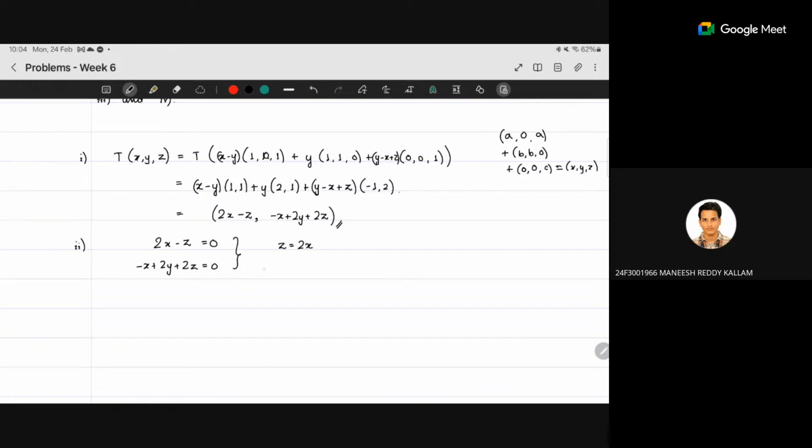And then you'll have minus x plus 2y plus 2z, which is 4x, is equal to 0, or y is equal to 3x by 2. These are all the conditions that you get for the kernel. So you look at vectors of the form x, minus 3x by 2, 2x.